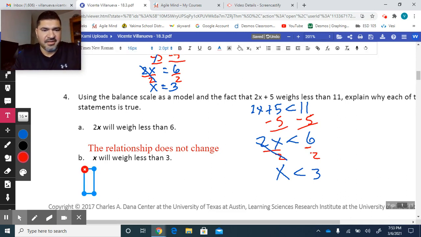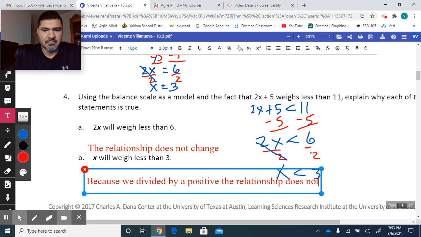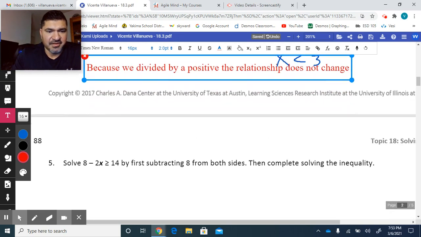So we're going to go ahead and type that in. Remember, the only time it will change is when we divide or multiply by a negative, and we did not do that here. All right, let's go ahead and take a look at number 5.